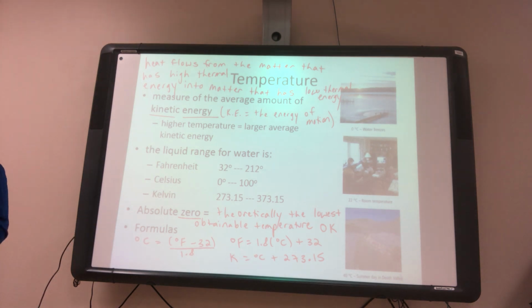Okay? And then if I'm trying to go the opposite way, degrees Celsius is my Kelvin minus 273.15. All right, so let's practice our formulas and our temperatures on the next slide.